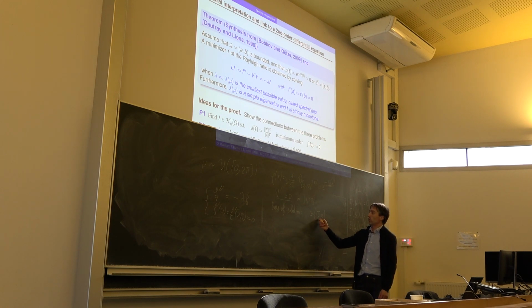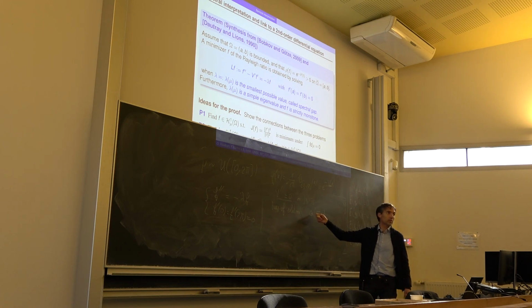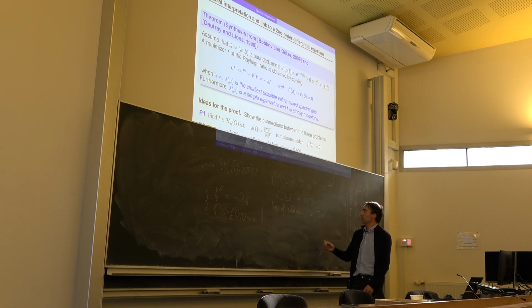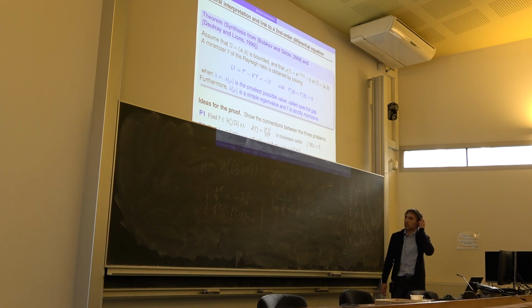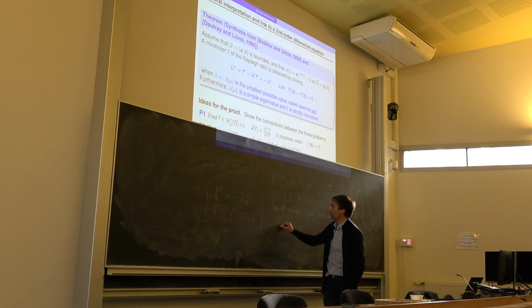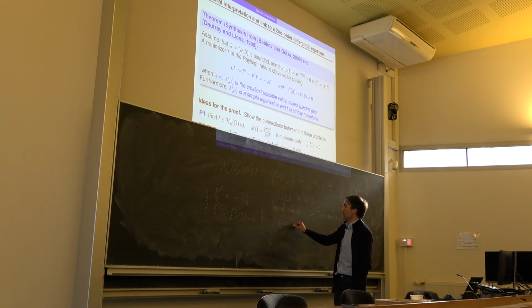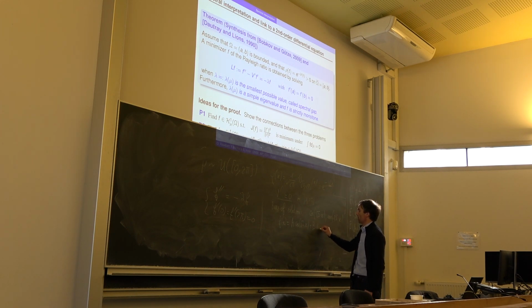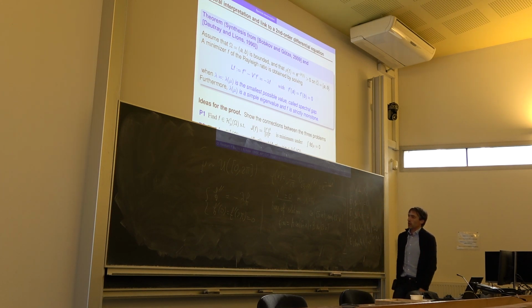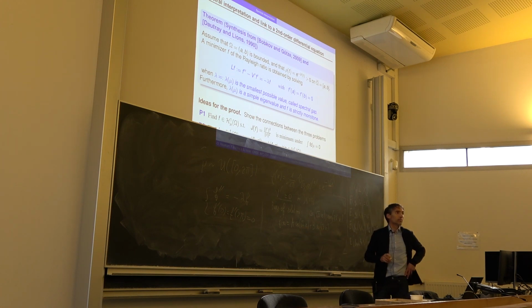When you differentiate it, you get square root of lambda times minus sine, and so on. And of course, you have the sine also as a solution. So you know that your function is a linear combination of these two functions.